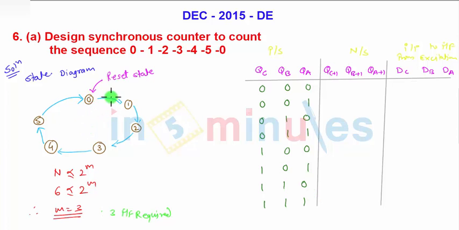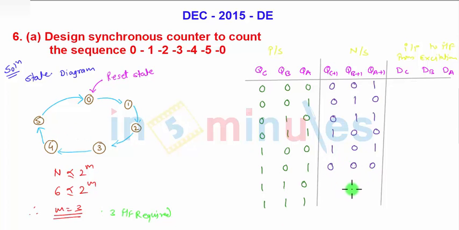Starting from the reset state, 0 goes to 1, so I write 001. 1 goes to 2, that is 010. 2 goes to 3, 011. 3 goes to 4, 100. 4 goes to 5, that is 101. 5 goes to 0, that is 000.